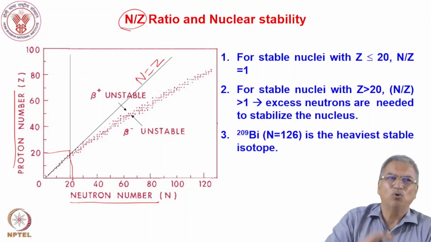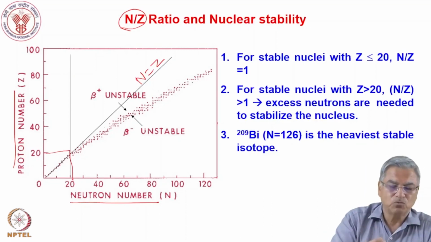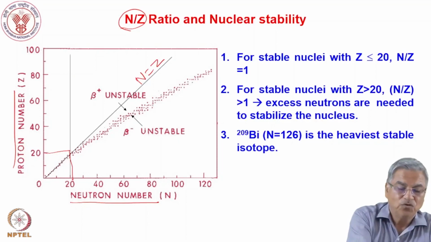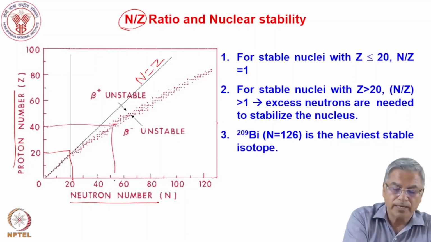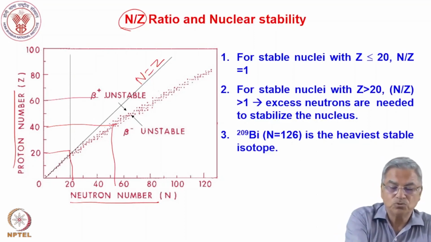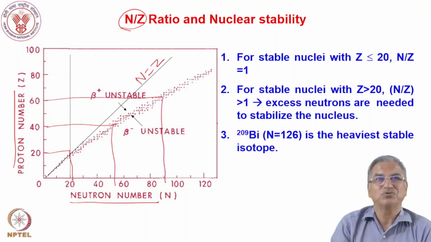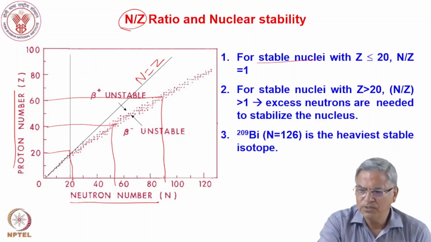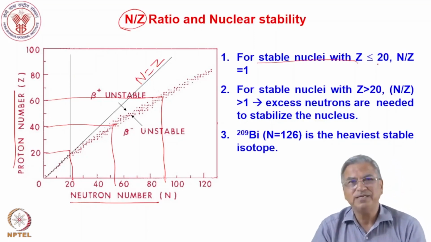The moment we go beyond calcium, beyond proton number 20, you require more neutrons to stabilize the nucleus. You can see here, for 40 protons you require close to 50 neutrons, and for 60 protons you require close to 90 neutrons. As you increase the number of protons, the number of neutrons needed to stabilize the nucleus increases further. So for stable nuclei with Z less than or equal to 20, the neutron to proton ratio is equal to 1.